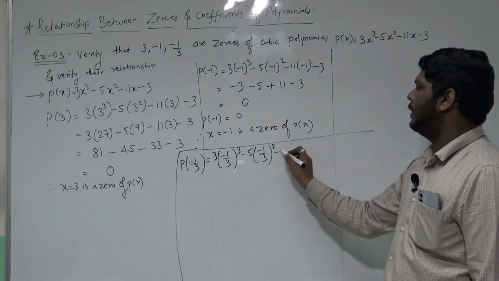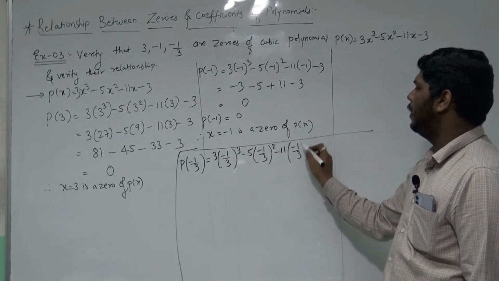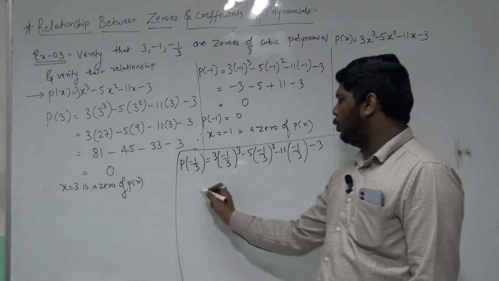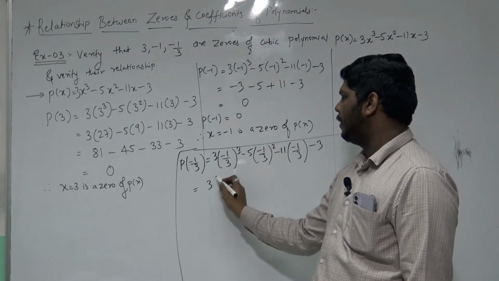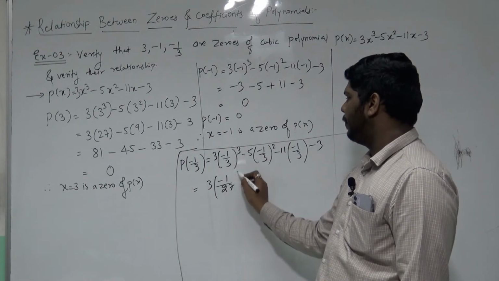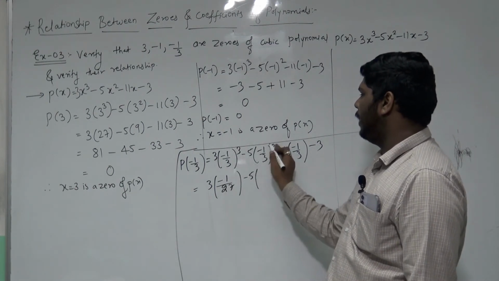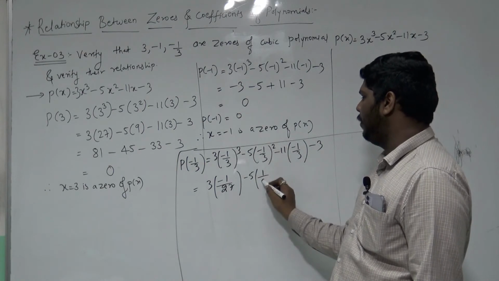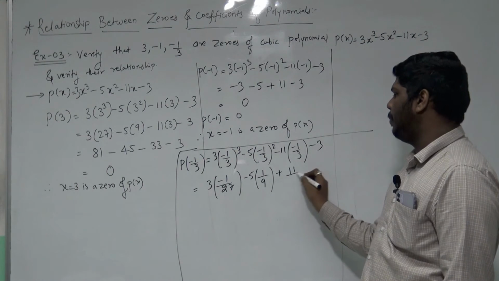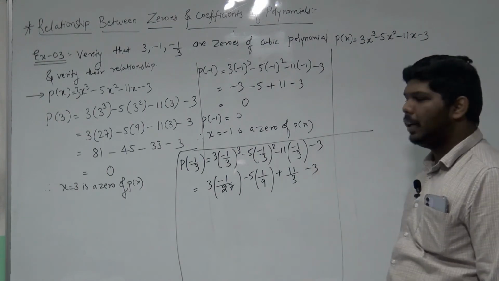Then we have minus 11 into minus 1 by 3, and again we have minus 3. Now if you start solving, here you will get 3 times minus 1 cube is minus 1 only, and 3 cube is 27, minus 5 times minus 1 square is plus 1, 3 square will give you 9, minus of minus is plus, correct? 11 ones are 11 by 3 and minus 3 again.